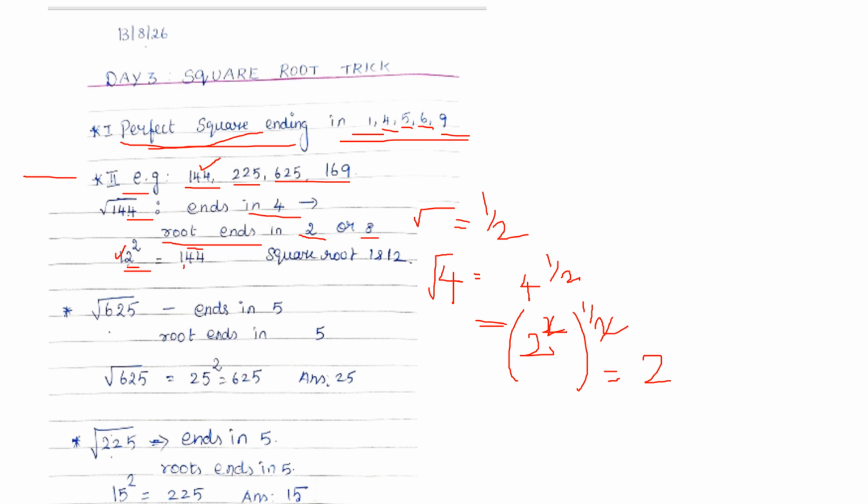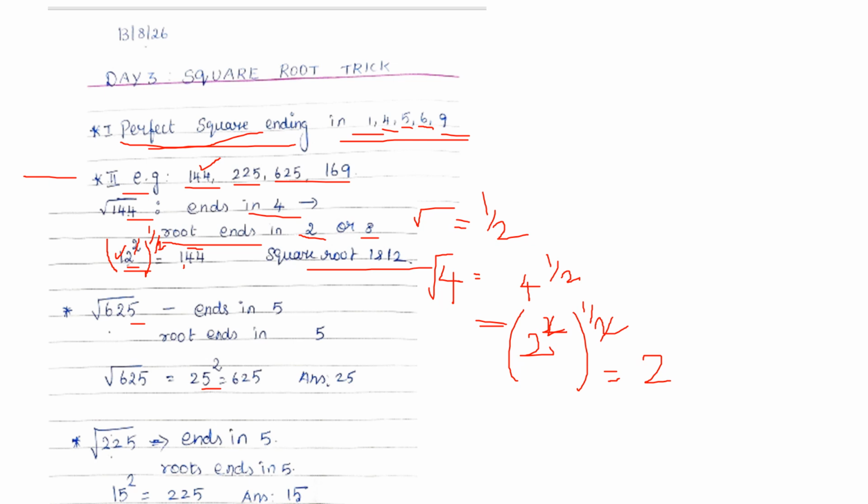Therefore the square root of 144 is 12. With 12 squared, the 2 cancels, so the square root of 144 is 12. Next one, 625. Here you see that the number ends in 5, so the square root also ends in 5.